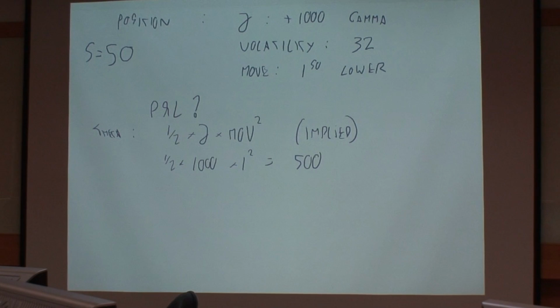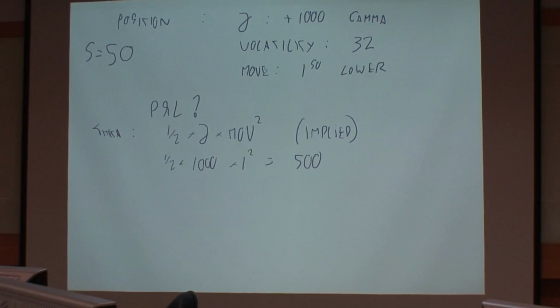Given that the market expects this stock to move $1 per day, owning 1,000 gamma should carry the cost of $500. So that's my theta. That's the implied volatility, expected movement 2%.